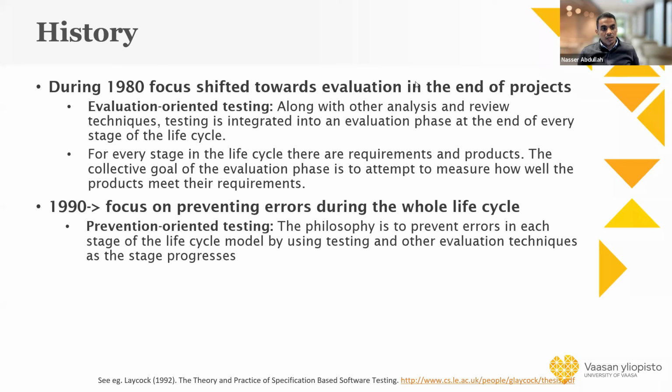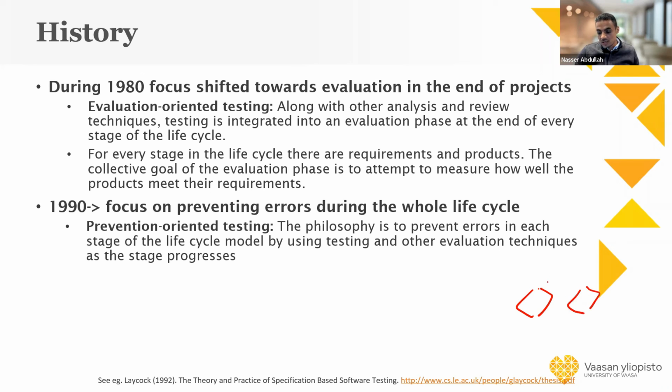In the fourth stage, starting from the 80s, here they apply the evaluation-oriented approach. What is meant by evaluation oriented? We have different stages of the software development life cycle.